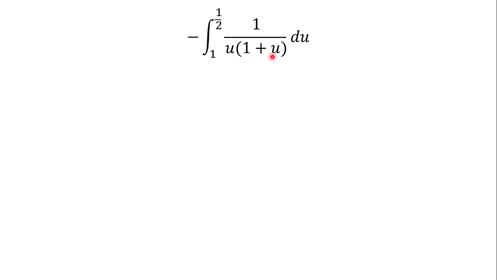Assuming this one is u squared into bracket 1 plus u, it could have become a quadratic factor. Or maybe u into bracket 1 plus u squared, it could still have become a quadratic factor, of which you apply the quadratic approach to solve it.